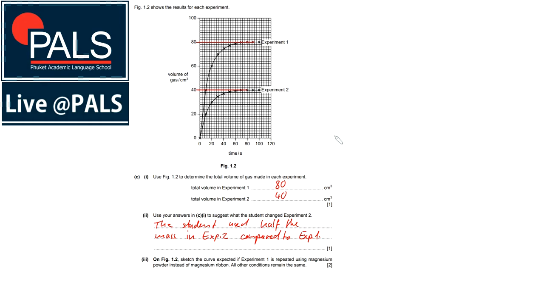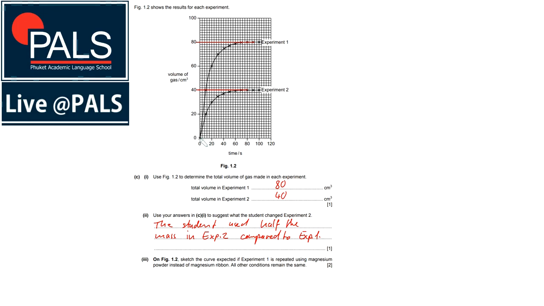So therefore more of the magnesium is in contact with the acid. So there will be more frequent collisions and therefore the rate of reaction will be faster. But since we are not changing the mass of magnesium, our curve has to level off at the same maximum volume of hydrogen gas being produced.